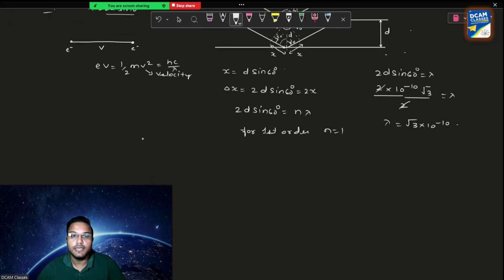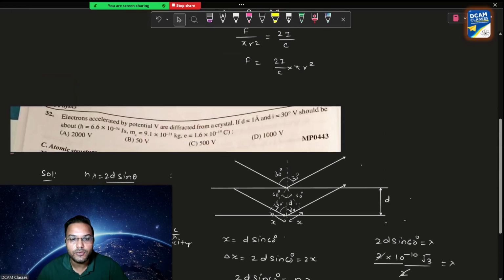So this e into V, potential difference, is equal to h into c by lambda. So e is 1.6 into 10 power minus 19.